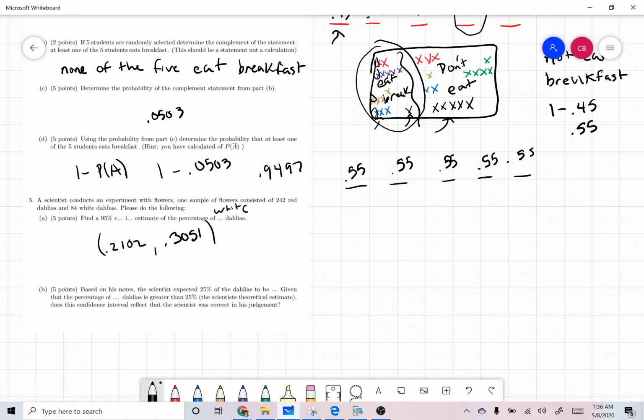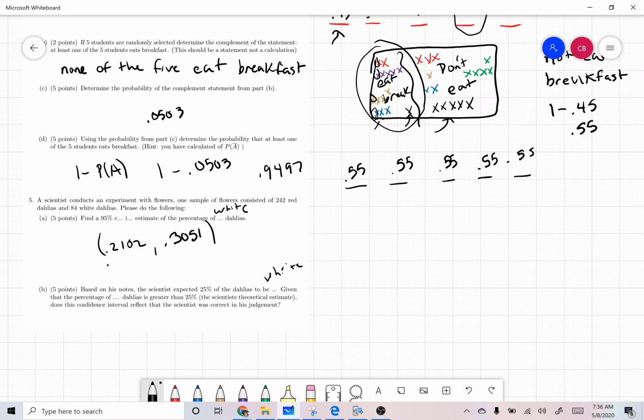If the scientist expected 25% to be white, like we did in the first part, given the percentage is greater than 25%, I don't necessarily think it is in this problem, but anyways, let's see if he's correct based on the numbers from what we've chosen in this problem.